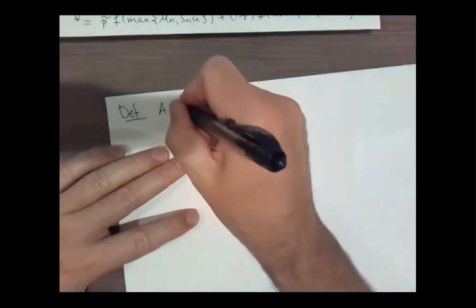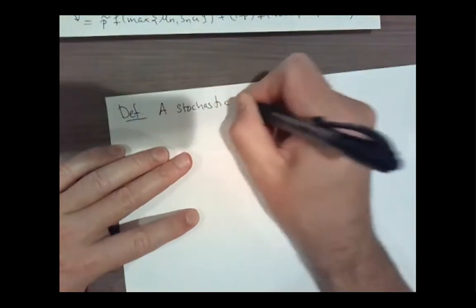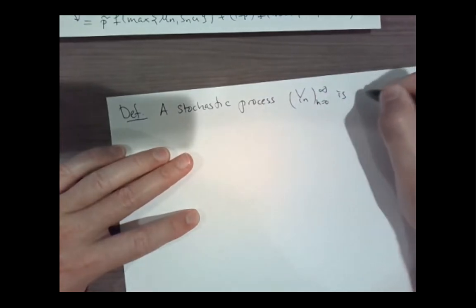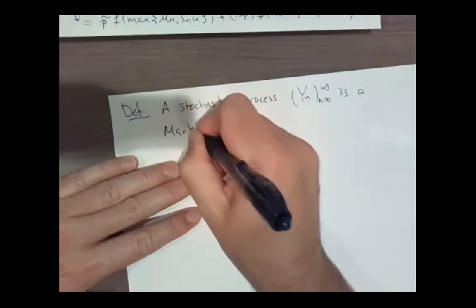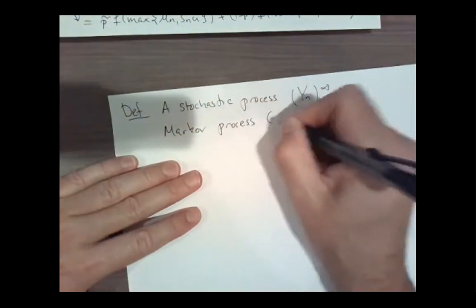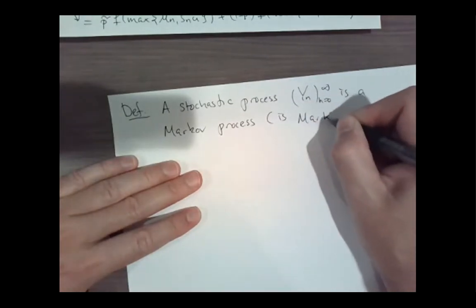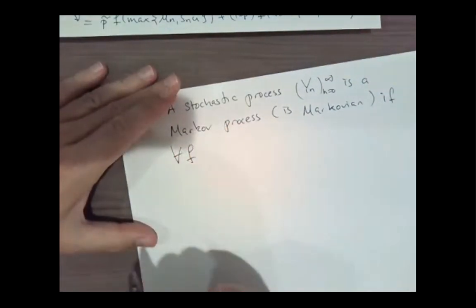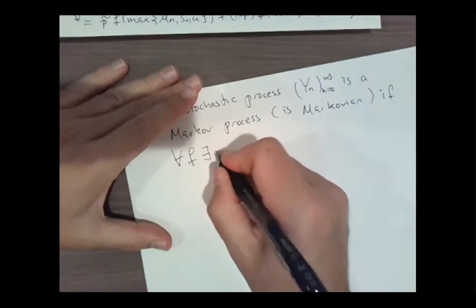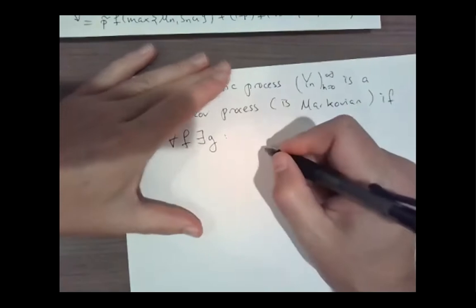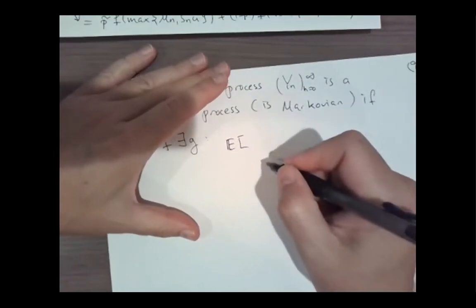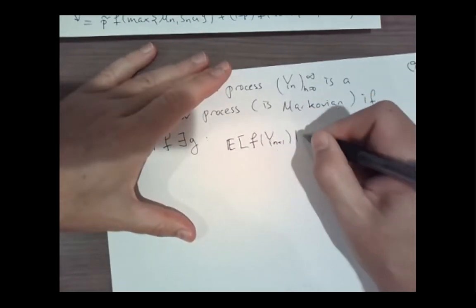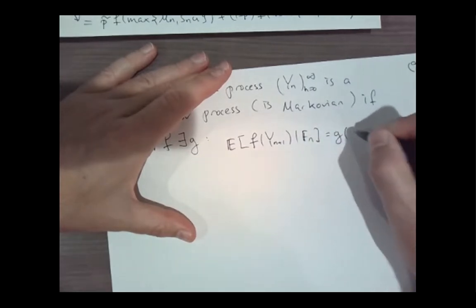A stochastic process, let me write it as Yn, is a Markov process, or you can also say that it is Markovian, if for any function f, I can find a g such that the expectation of f applied to Yn plus 1 given Fn is simply g of Yn.